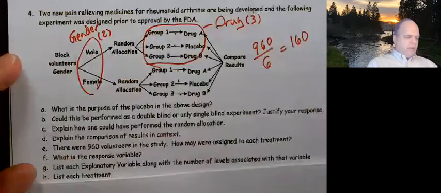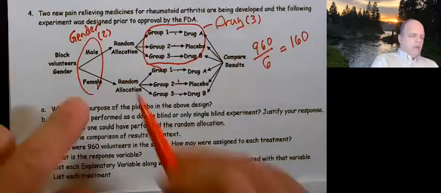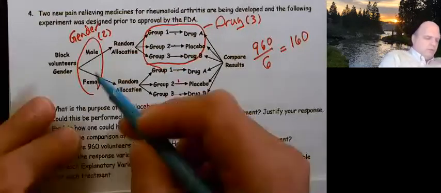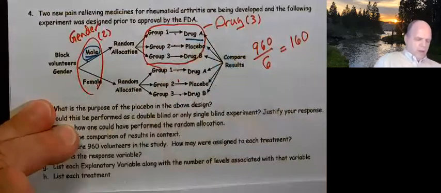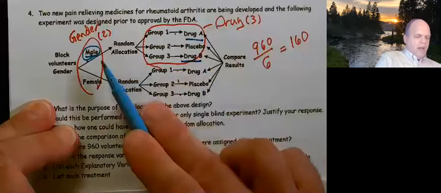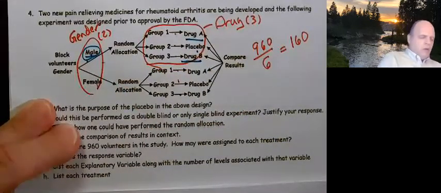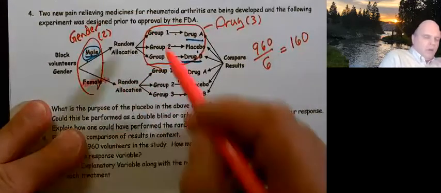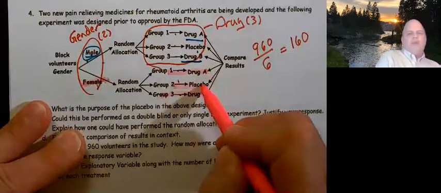The next thing it asks for is list each treatment, and this gets a little bit long. So we have the male treatments, and we have male drug A, male drug B, and male in the placebo. Conversely, we have the female drug A, female drug B, and female in the placebo.